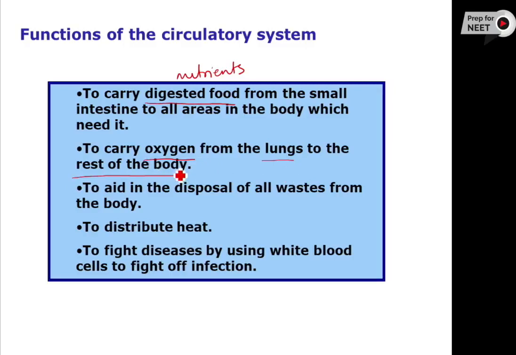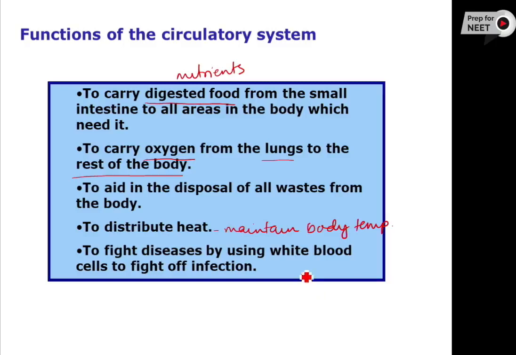The body creates wastes, and that waste needs to be eliminated from the body. It also distributes heat, that is, to maintain the body temperature, and fights diseases by using the white blood cells.